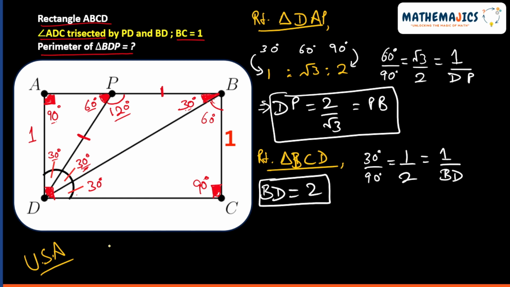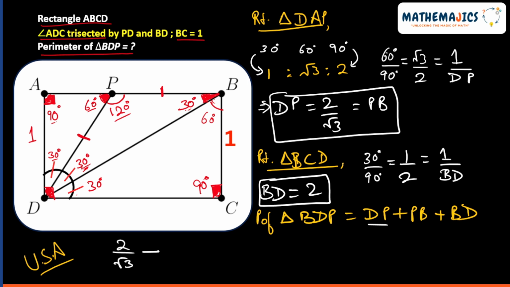Now we need to find the perimeter of triangle BDP. How can we find it? By adding the three sides, that is DP plus PB plus BD. Yes. What is the value of DP here? The value of DP we have already found out, that is 2 by root 3. The PB length is also the same, that is 2 by root 3.